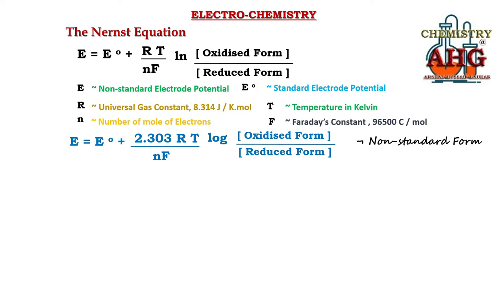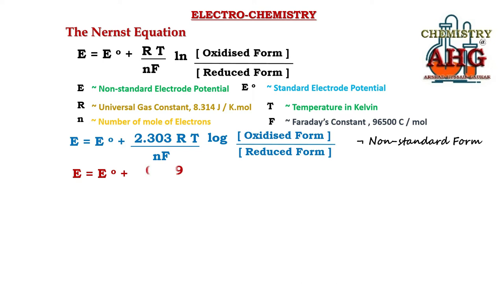Look at that. E is equal to E naught plus, if you just take the calculator, multiply 2.303 into 8.314 into 298 divided by 96,500, all the constants we have just used in this calculation. So what value are you getting?